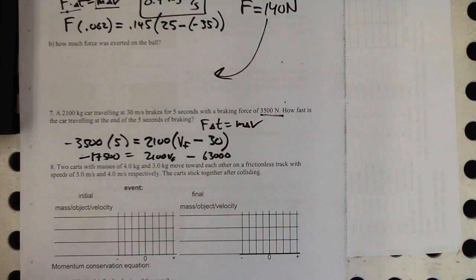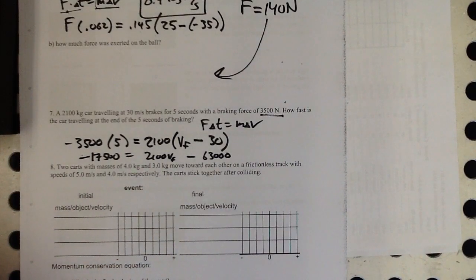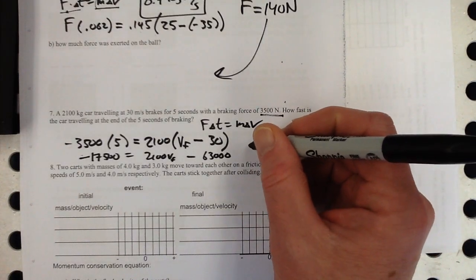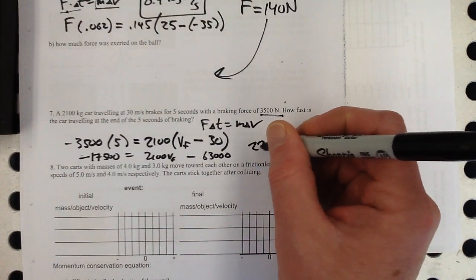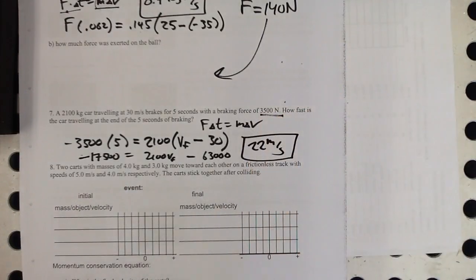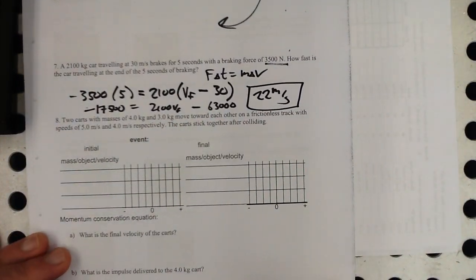Add that over to there, and then divide by 2,100. It's about 20, I'm going to round that to 22 meters per second. Better hit the brakes harder than that. Well, maybe that's all they wanted to do, just slow down that much.